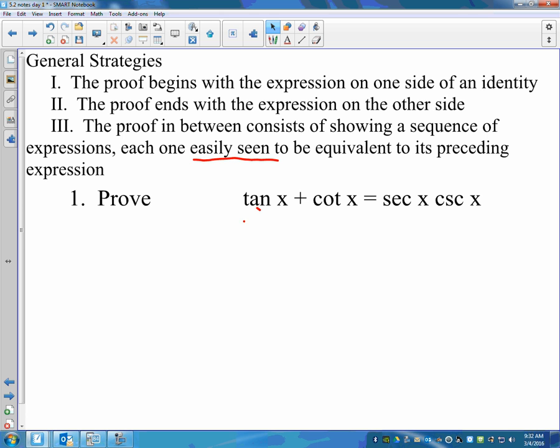So I'm just going to write this as sine over cosine plus cosine over sine. And to keep things in order, I'm always going to rewrite the other side and say that's going to equal secant x cosecant x. And for this side, look at what's over here to help you see what you should do, hopefully.